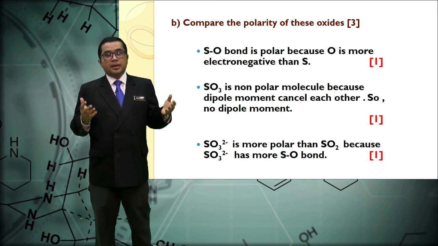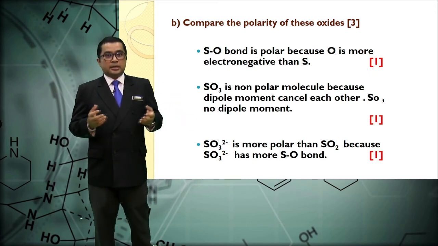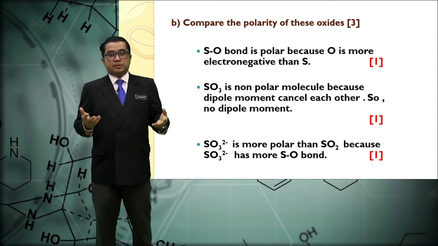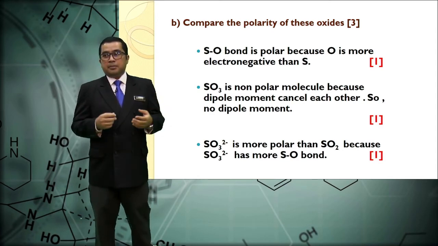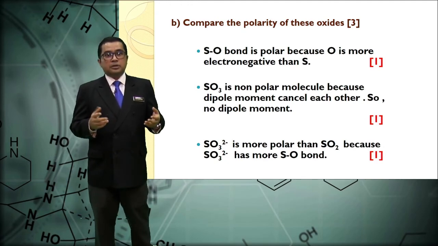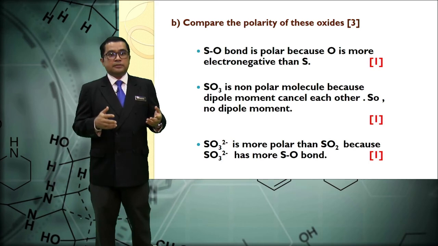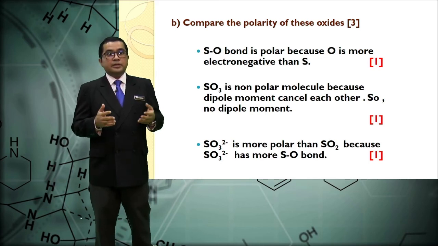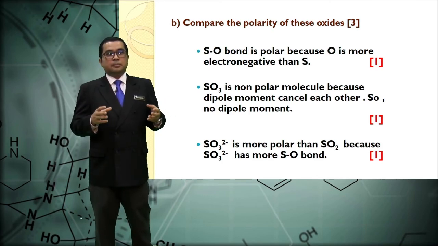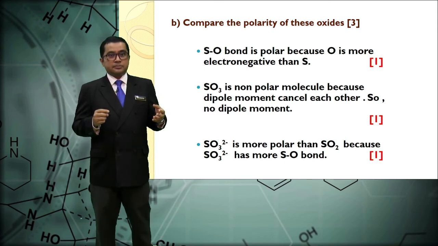The first mark will be given for explaining what is a polar bond. The SO bond is polar because O is more electronegative than S. Because of the difference in electronegativity between O and S, it gives a polar bond in the SO bond.